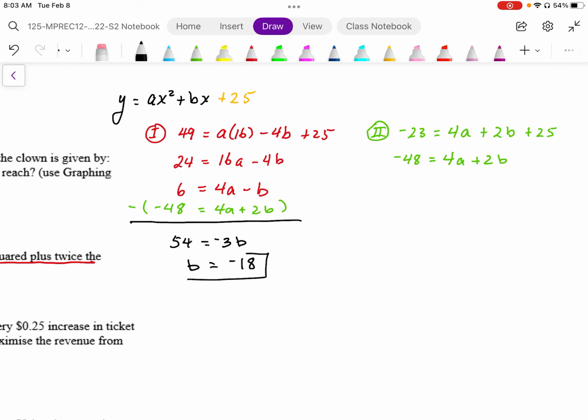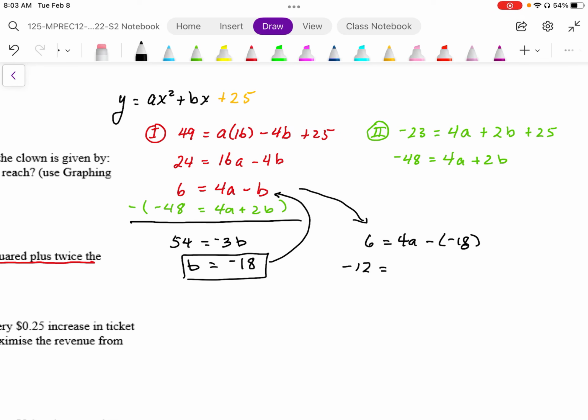Okay, so once I've established my b value, I can plug it in. So I'm going to plug it into this equation here. And doing that, I'm going to end up with 6 equals 4a minus negative 18, which is my b. And then solve for a. So I'm going to subtract 18 from both sides.